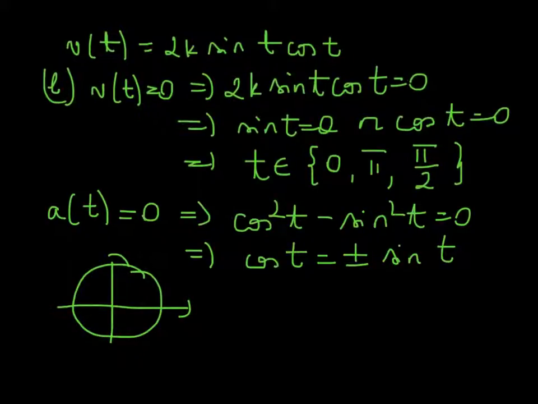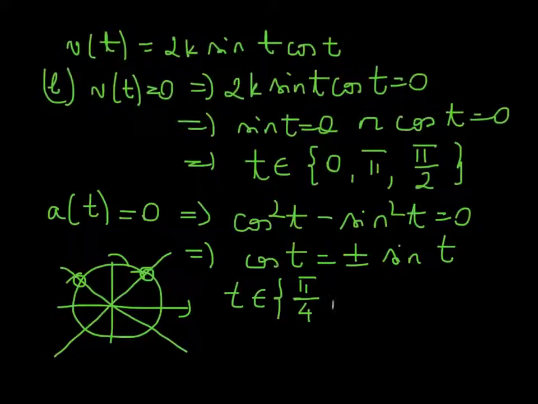Cos t is the x-axis, sine t is the y-axis. Cos t equals sine t when they are both on the line y equals x, and cos t equals minus sine t when they are on the line y equals minus x. One solution is here and one solution is here. So t is either pi over 4 in the first quadrant or 3 pi over 4 in the second quadrant.